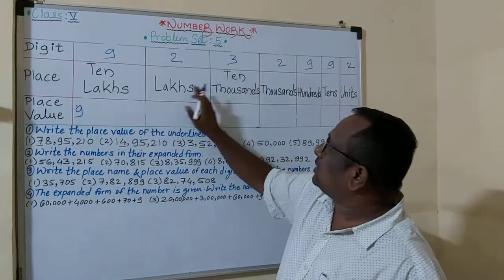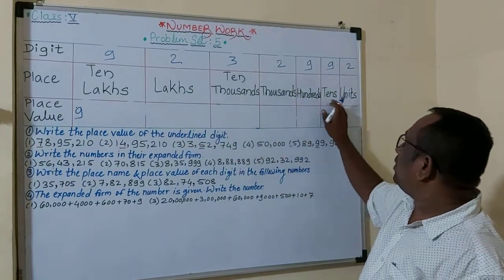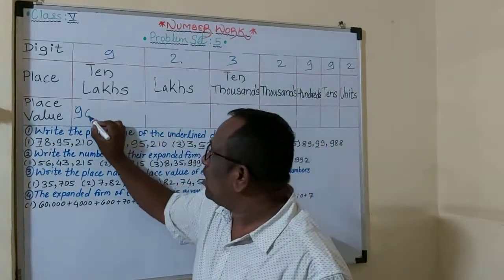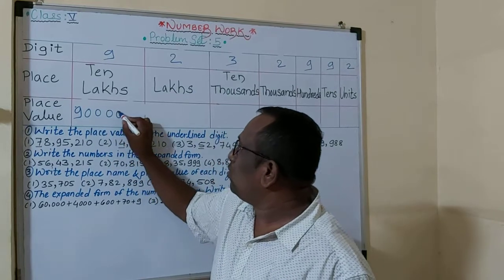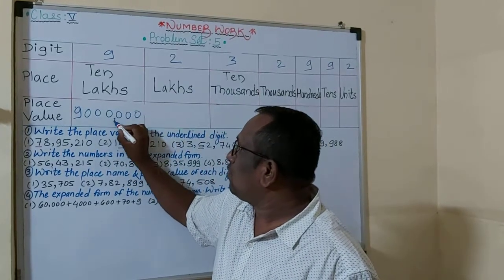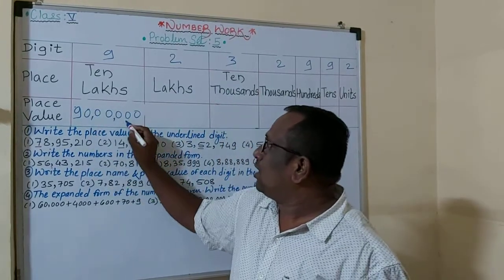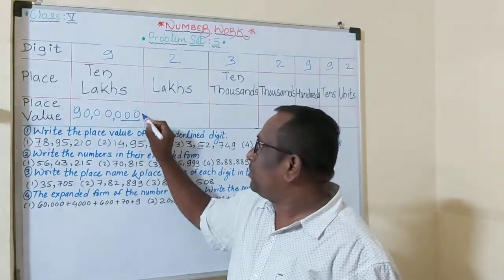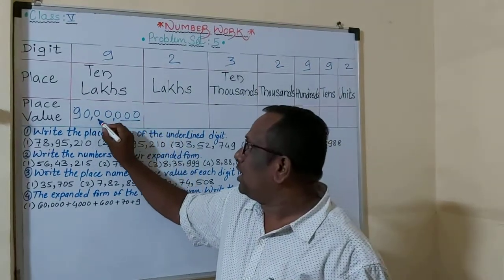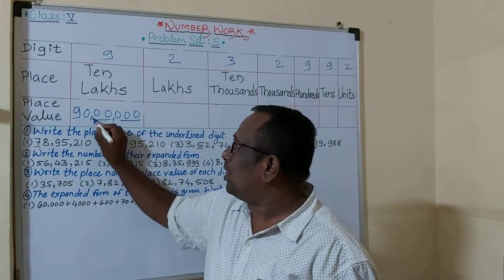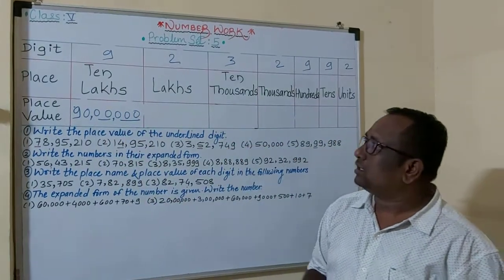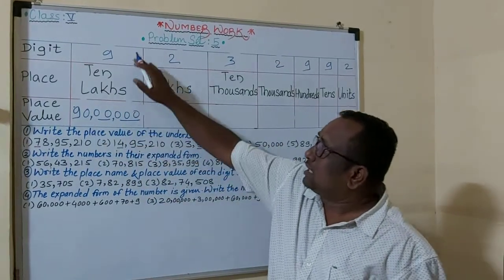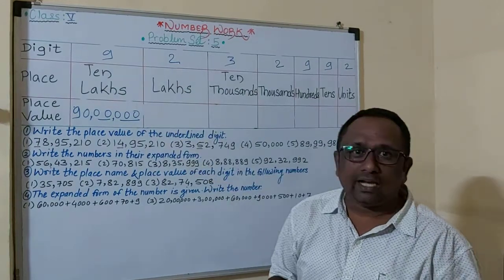After 9, how many digits are there? 1, 2, 3, 4, 5, 6. So give six 0s. Comma, comma. After the unit, 10 and 100 places give a comma, again leave 2 digits, then give a comma. So the place value of this 9 is 90 lakh.